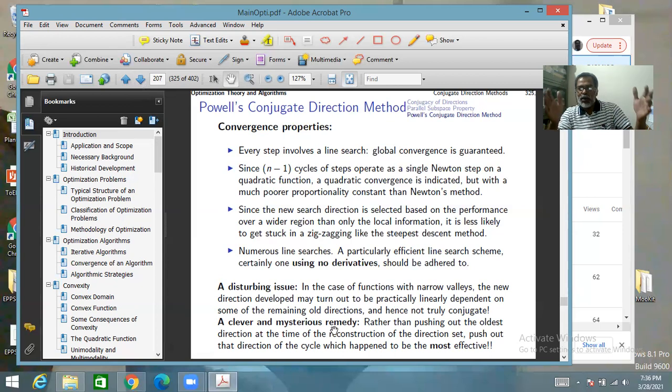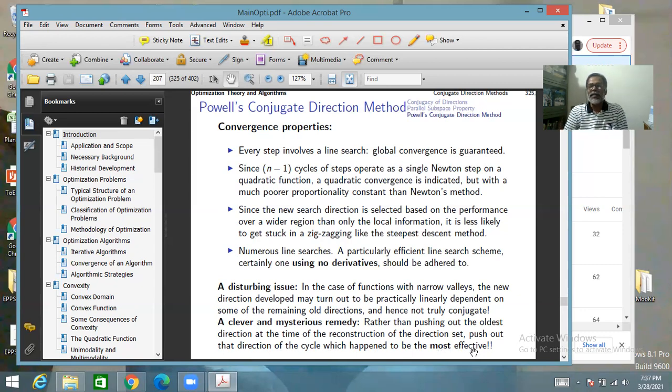Rather, among the old n directions, we push out that direction from the set along which, in the previous cycle, the benefit was highest.